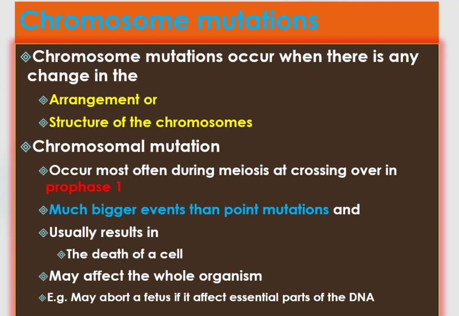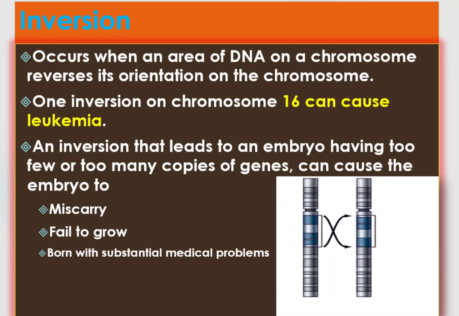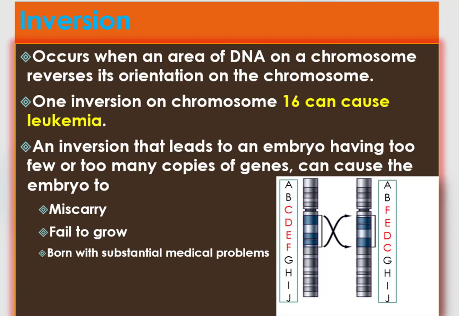This may also affect the whole organism. For example, if essential parts of the DNA are affected by chromosomal mutations, a fetus may be aborted. Chromosomal mutation can occur due to inversion, deletion, insertion, duplication, chromosomal non-disjunction, and translocation.